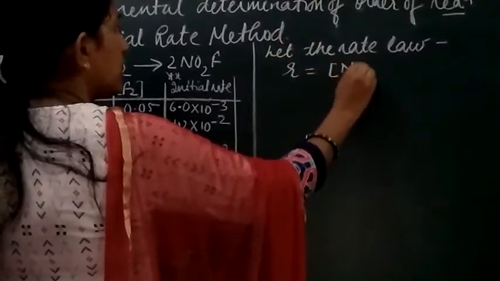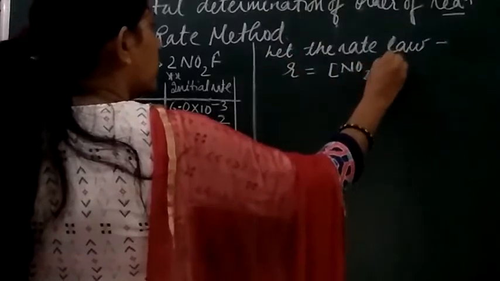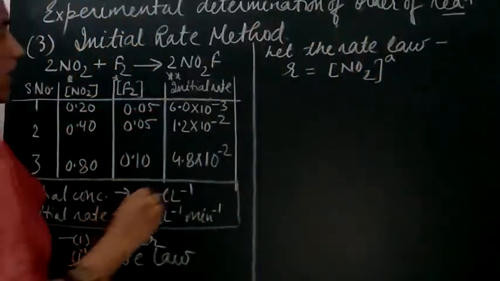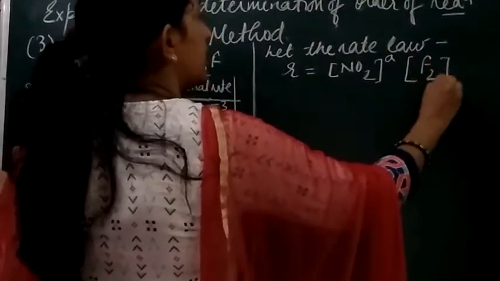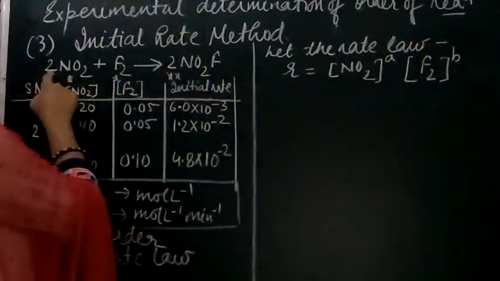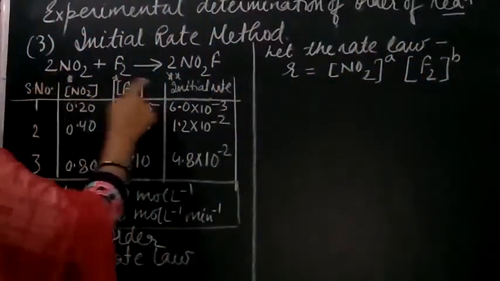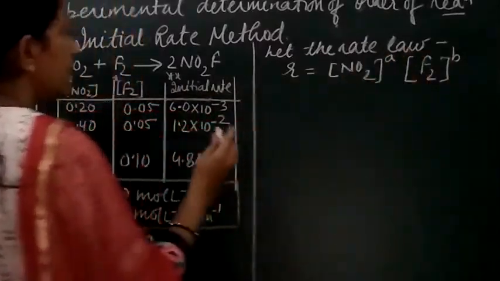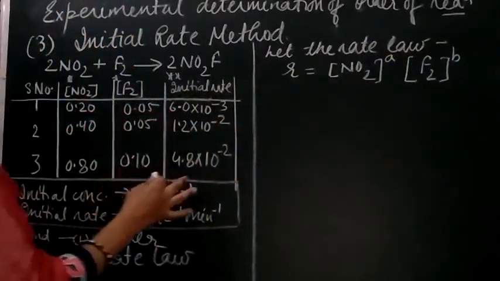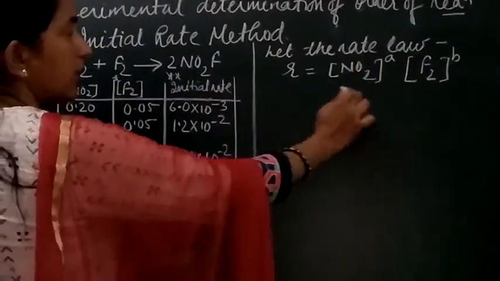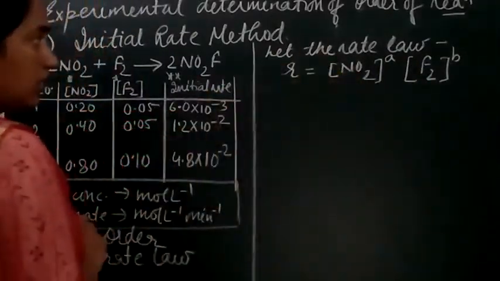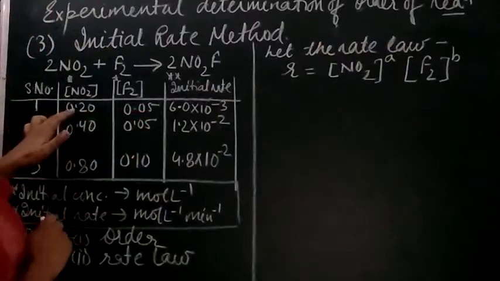We don't know what A and B will be. Here the stoichiometric coefficient is not the order; we have to find out A and B, which will be derived from the experiment. So now we are going to express the rate of the reaction in terms of this rate law. We will begin with the first one.